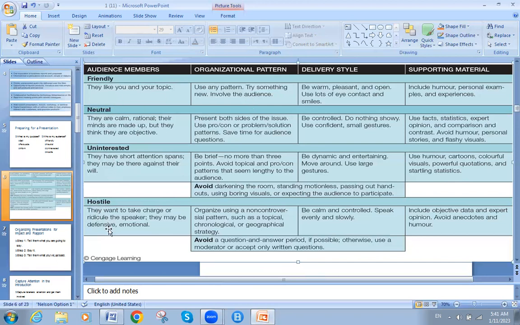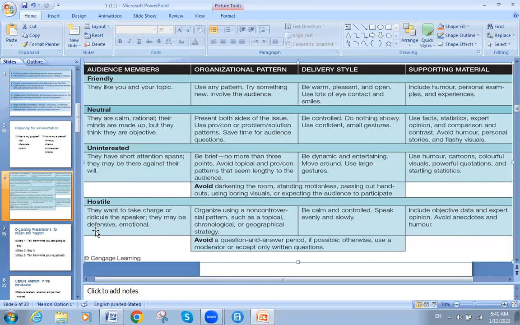What about the hostile? The hostile want to take charge or ridicule the speaker. Here, the situation is different. We are going now from friendly to neutral to uninterested to sarcastic.